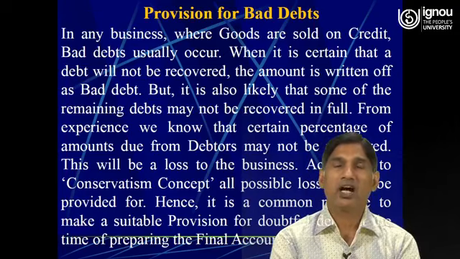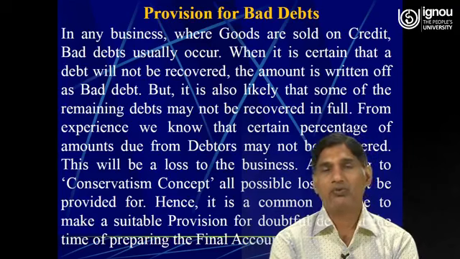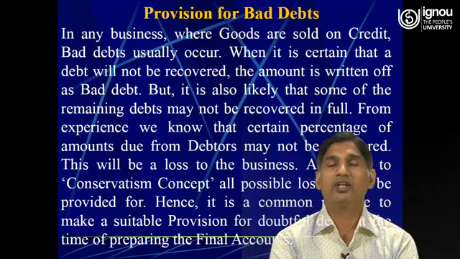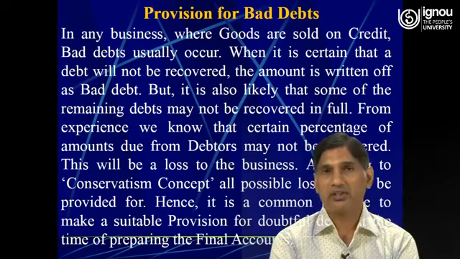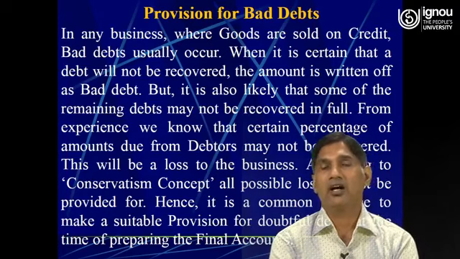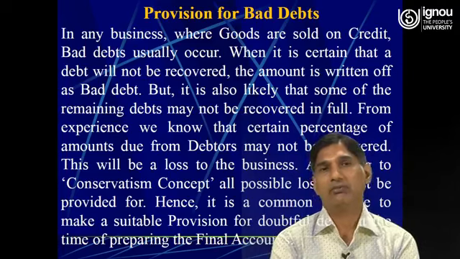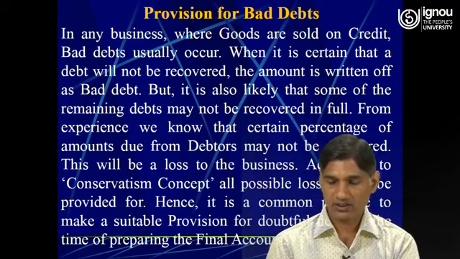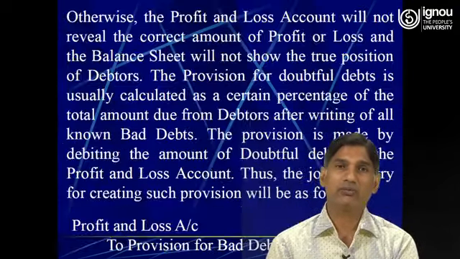I would like to advise my learners that provision for doubtful debt is always made on the fresh amount of the debtors. It means after subtracting the amount of bad debts from the amount of debtors, the provision for bad debts will be provided. Students must always remember this.